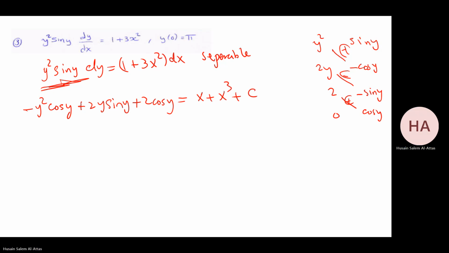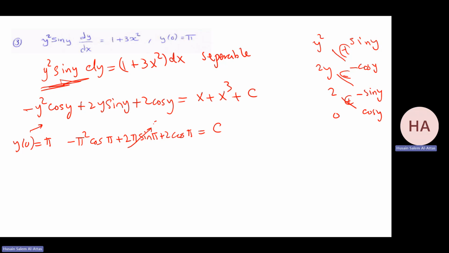Okay, I have y at 0 equal pi. Substitute it here. What are you getting? You are getting minus pi squared cosine pi plus 2 pi sine pi plus 2 cosine pi. This is 0, 0. That will be c. So I have, this is -1, and this is -1.